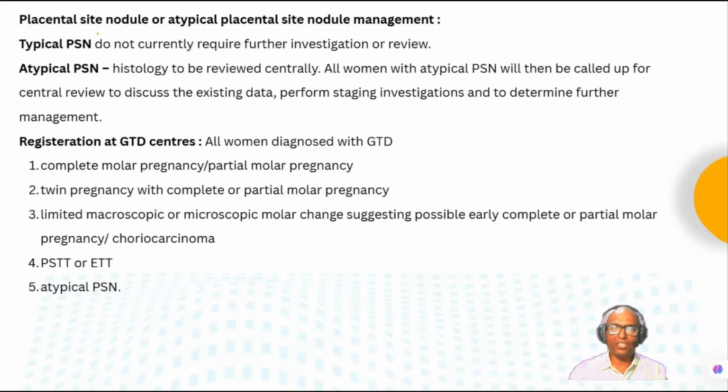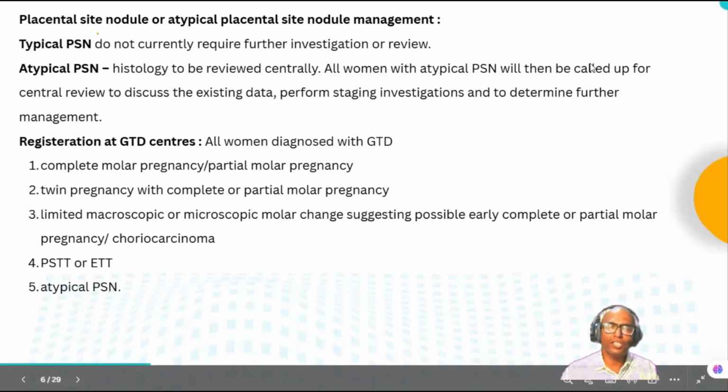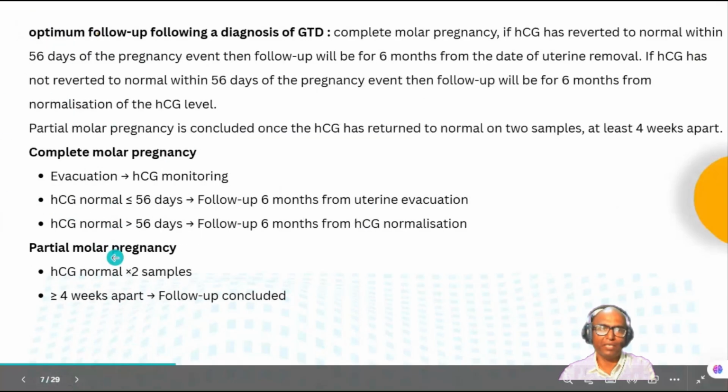So this whole spectrum of GTD needs referral to the GTD center. They have not mentioned the typical PSN, but they have specifically mentioned the atypical PSN. So there may be an SBA where the patient may not require referral, and then the answer could be the typical PSN.